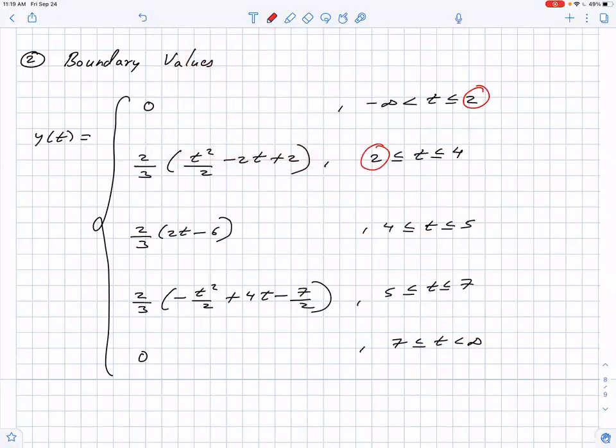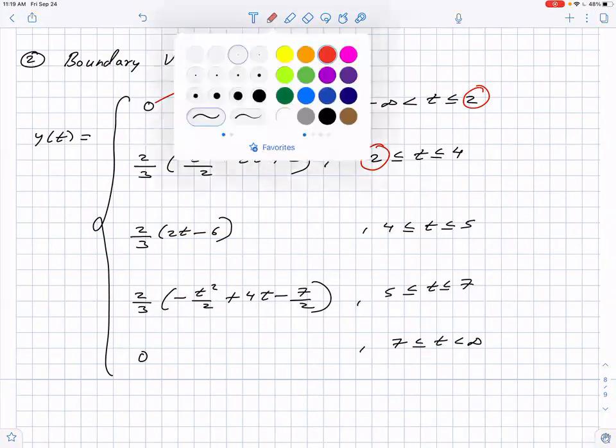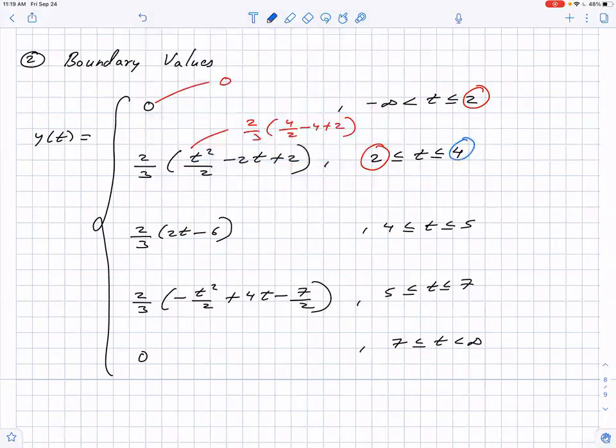So when we evaluate y of t at t equals 2, we should get the same answer whether we use the first row or the second row. If we use the second row, we evaluate this expression at t equals 2, and we get 2 by 3, 4 by 2, minus 4 plus 2, which is a 0. And if we evaluate y of t at t equals 2 using the first row, we get a 0. So we get a match. That is good. And let's check the other boundary values.